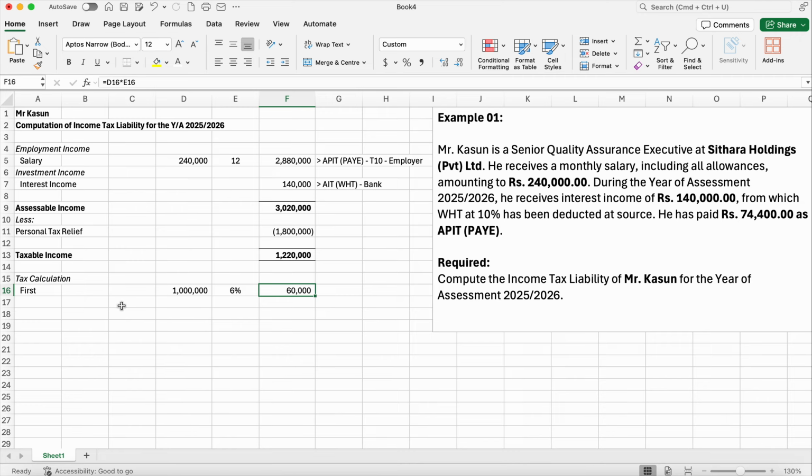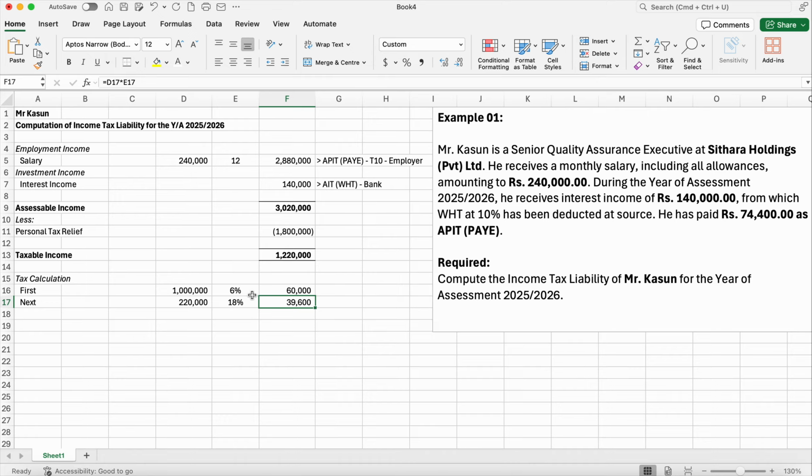Then here he doesn't have much more. After deducting 1 million, the rest would be 220,000. Otherwise the 500,000 slab goes, but the next percentage is 18%, a little higher rate.